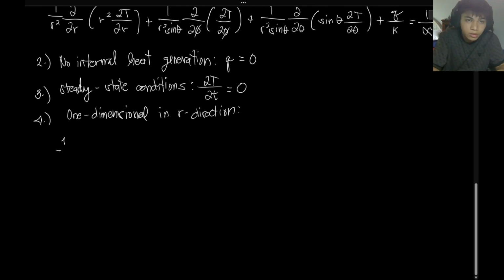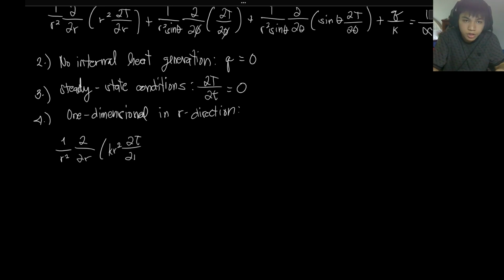So we have 1 over r squared, and then the partial derivative with respect to r. And then we have k r squared dT over dr. And now we directly go to Q equals rho Cp dT over dt.